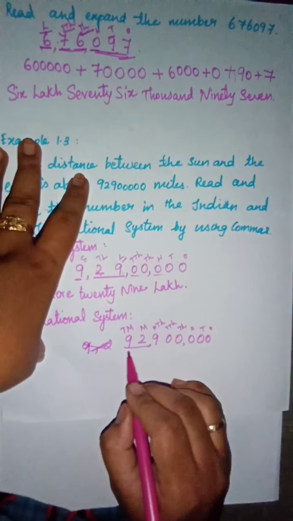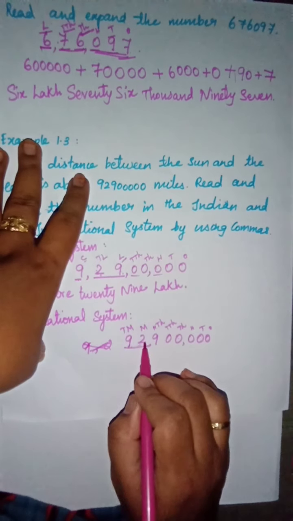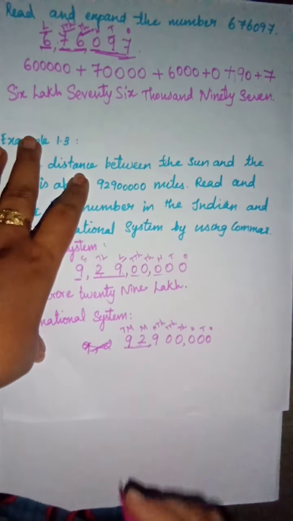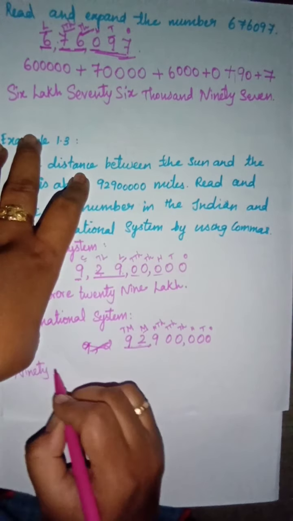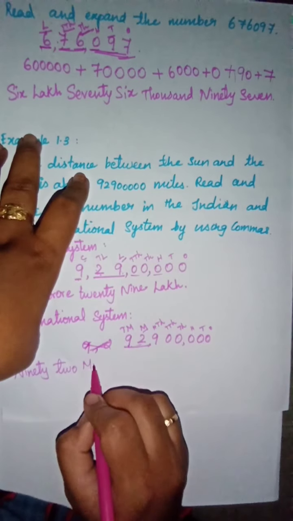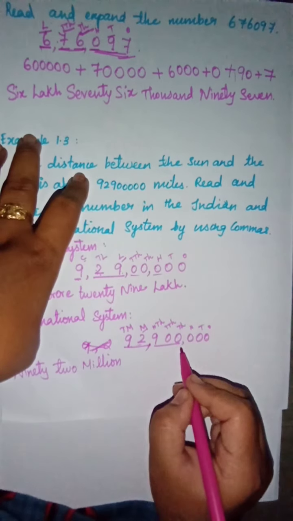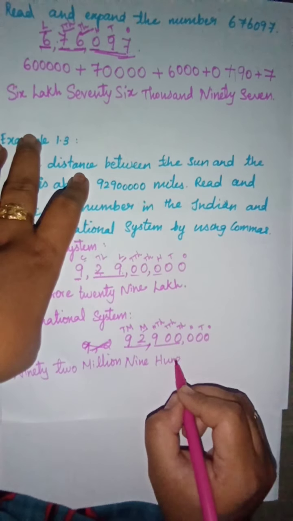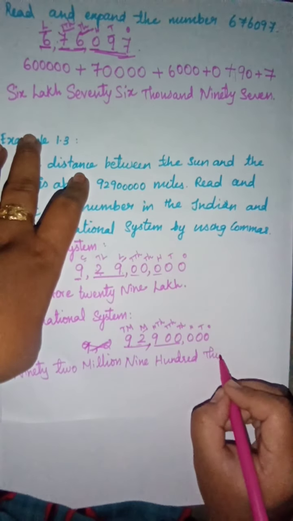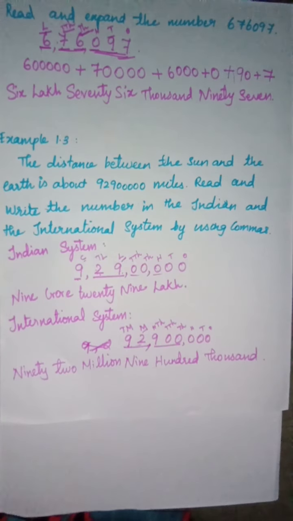Okay, now how we have to write the name. First, before the comma, simply read the number, 92. So 92 million. Next, this one is 900, so 900,000. That's all, you can just leave the zeros. Clear? You should not take the zeros, and we cannot write the name for them.